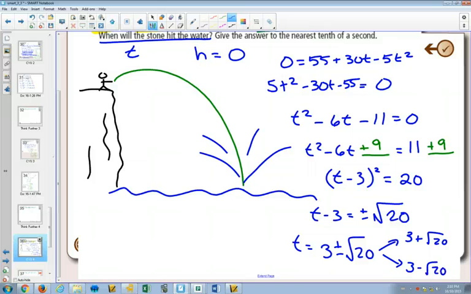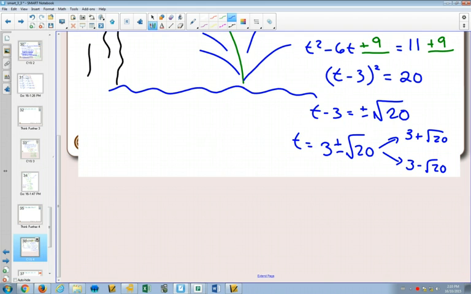And if you go to your calculator and actually calculate what those are equal to, we try what is 3 plus the square root of 20 to get a decimal answer. We get 7.47 seconds. If we do 3 minus the square root of 20, we get negative 1.5 seconds.